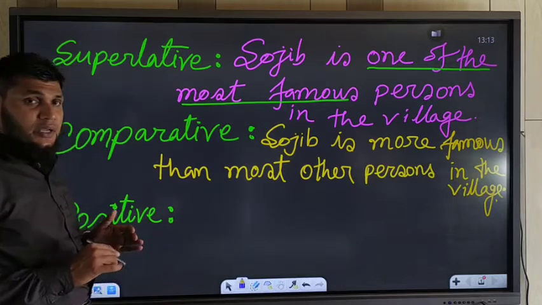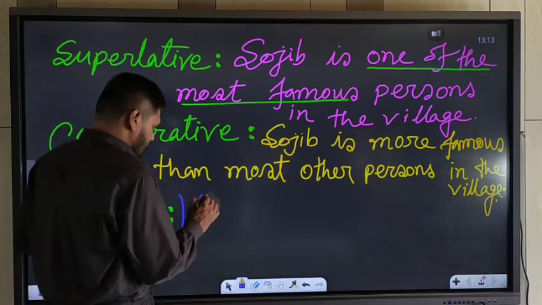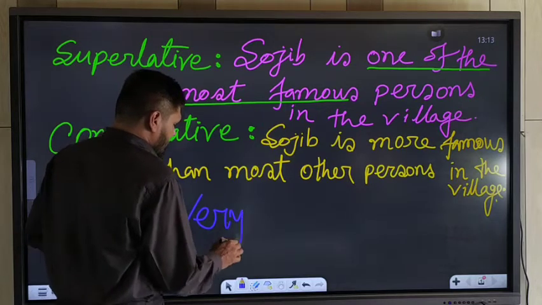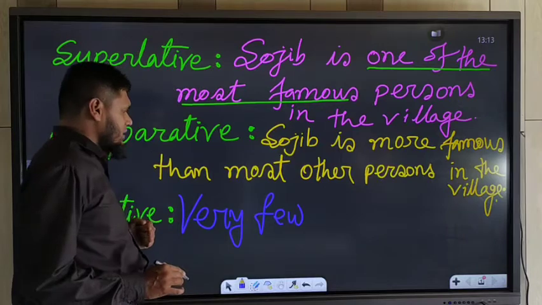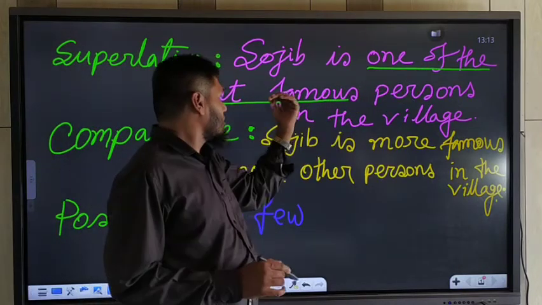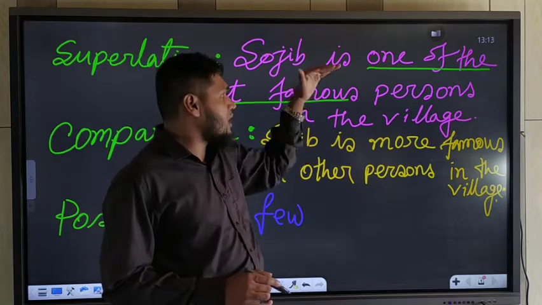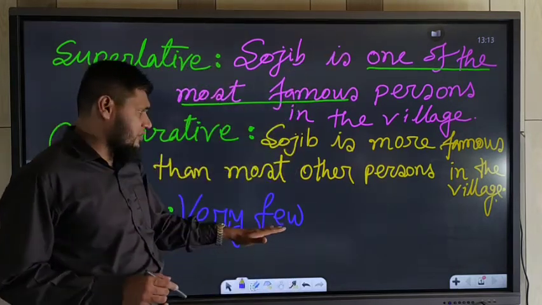Now, if you want to change it into positive degree, that time you should write down very few, because this is one of the before the superlative.